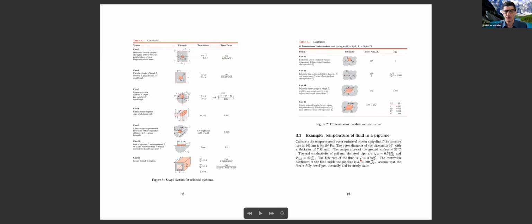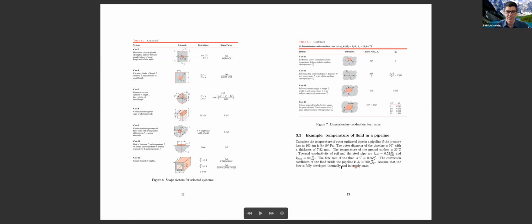We have the flow rate of this pipe. All these numbers are numbers that people from oil and gas gave to me. And for the convection coefficient of the pipe, I put 300 watts per meter square Kelvin. We will learn how to calculate this number with more accuracy, but this is a reasonable number for the convection coefficient of the oil inside a pipe. And I'm talking about a flow fully developed thermally and in steady state.